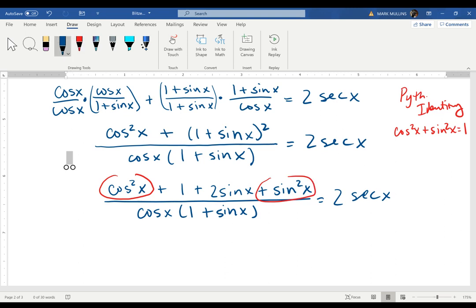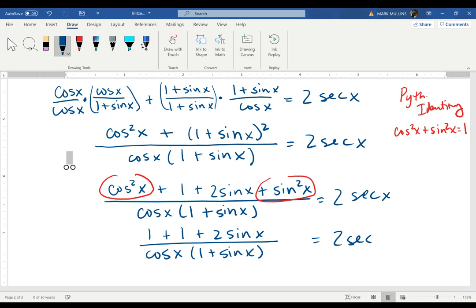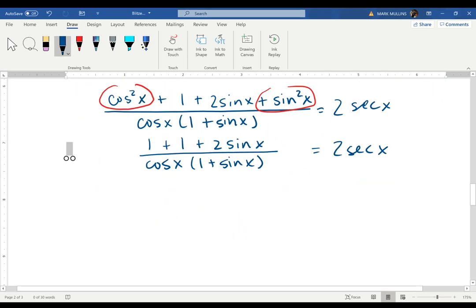So I'm going to do that. So now I'll have 1 plus 1 plus 2 sine x. All right. And now I'm going to go ahead and add those together. 2 plus 2 sine x.